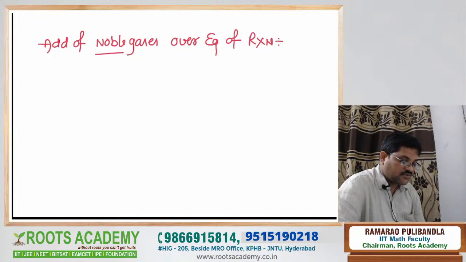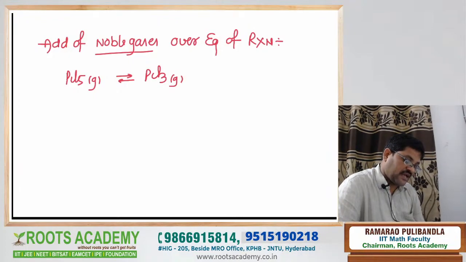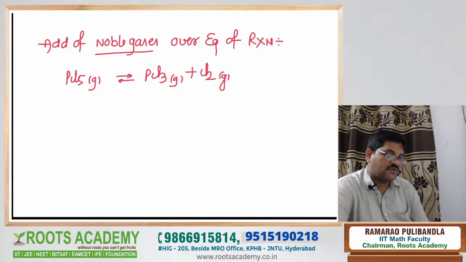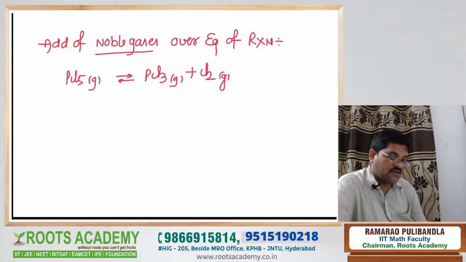Take one simple example: PCl5 gas gives rise to PCl3 gas plus Cl2 gas. Addition of noble gases over equilibrium of the reaction.